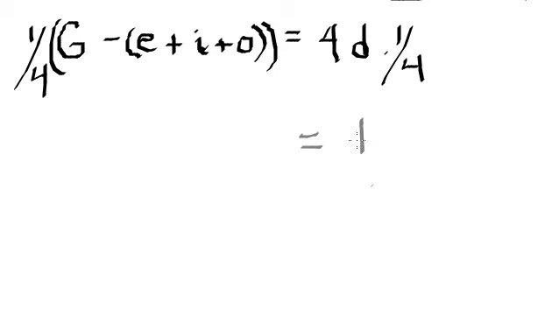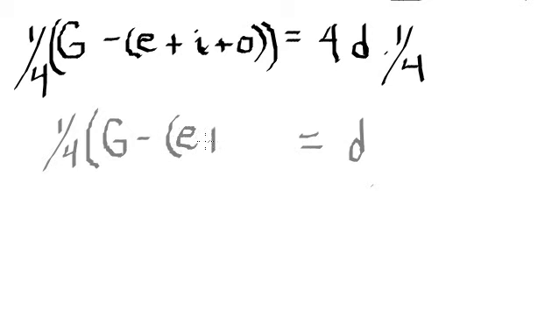So this is D is equal to 1/4. We have G minus, and then E plus I plus O parentheses, right? So I'm closing this off, and then we're going to close the whole thing off. Right? All right.